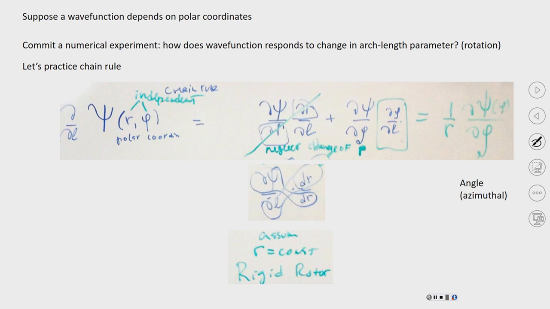So if our wave function depends on the orientation, on the polar coordinates, then the derivative along the arc length, along the trajectory, can be cast in the form of a derivative over the angle, right? So there is no big wonder.